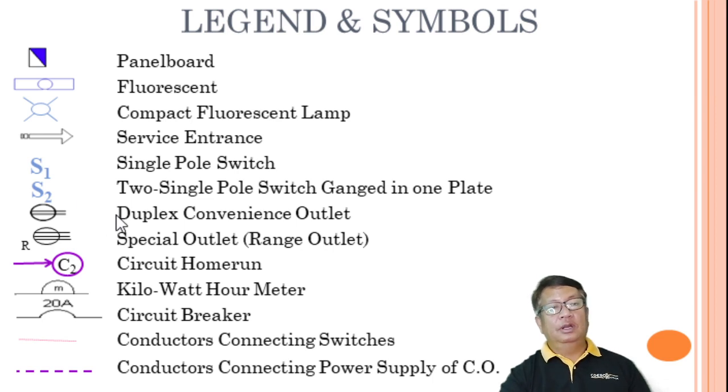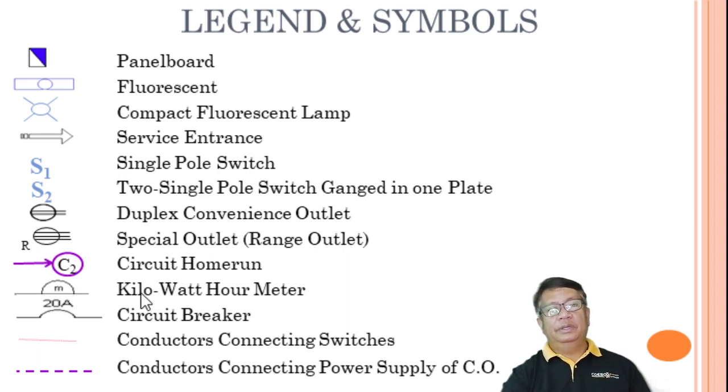And this is the symbol of the duplex convenience outlet. This is the symbol of the special outlet, which is for the range outlet or electric range. And this is the symbol of the circuit home run. This is the symbol of the kilowatt hour meter or the energy meter here, or the circuit breaker.